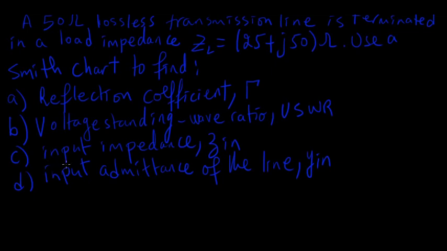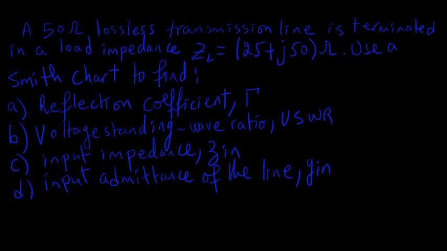However, before I start with the Smith chart, I just want to get the normalized ZL value, which is the normalized impedance. Actually, usually the normalized one is a small z, however, let's just call it normalized.